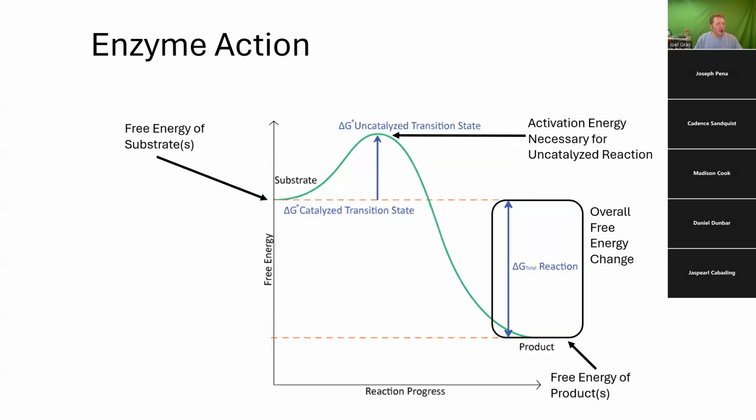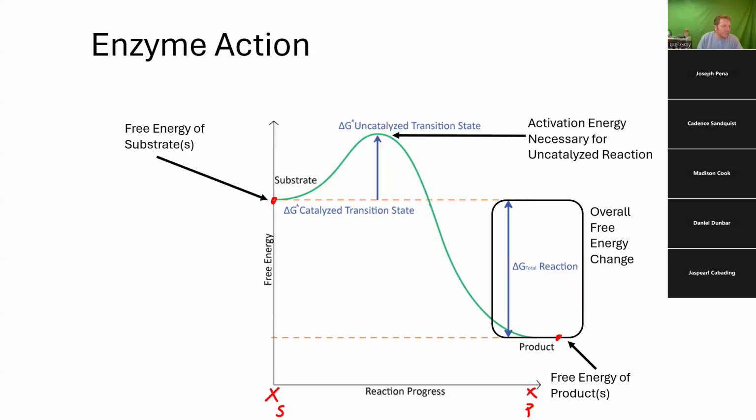You probably saw it in Gen Chem 2, where you looked at a reaction and we see the reaction progress. This side represents your substrates, and this side represents your products. In order for a reaction to take place, your substrates are typically going to be at higher energy than your products. High energy to low energy.